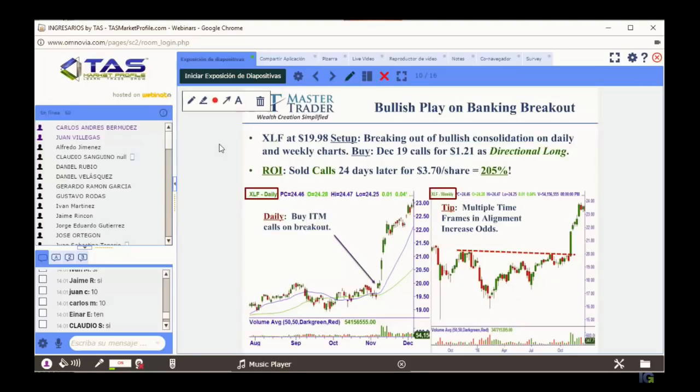In this example, the stock was trading right around $20. So we bought the in the money $19 calls for our directional long trade. We paid $1.21 a share, as opposed to $20 a share.